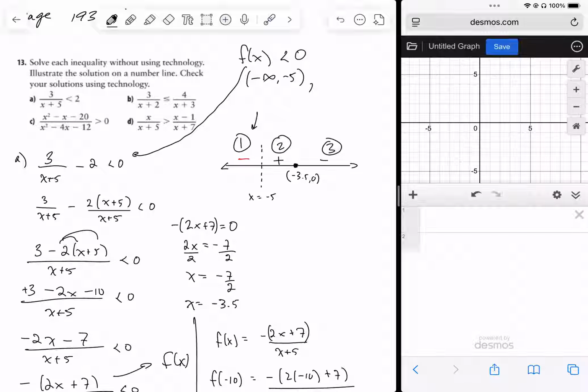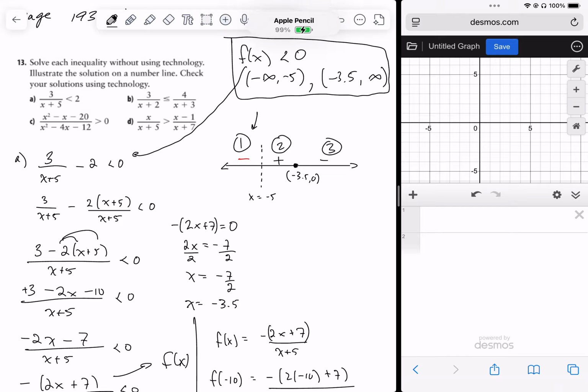It's just still going to be a round bracket. It can't be at -3.5. So we're going to say round bracket, -3.5 to infinity. Okay, so that answers this problem in terms of where this graph is going to be less than the other one.